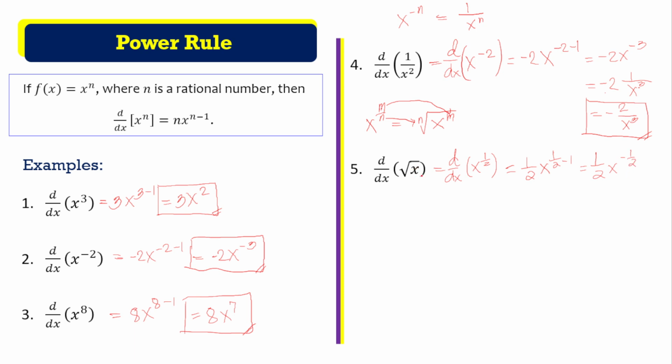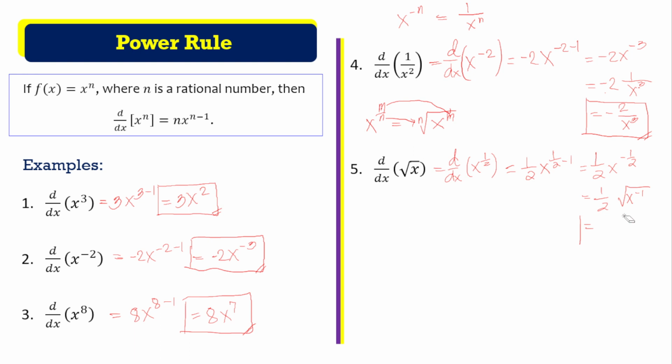If you want to write that in radical form, then you can do that. 1/2 times the radical form of this, which is 1 over the square root of x raised to 1. So you can have this as your final answer.